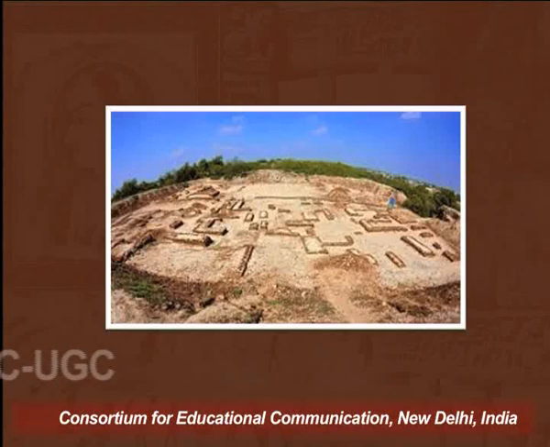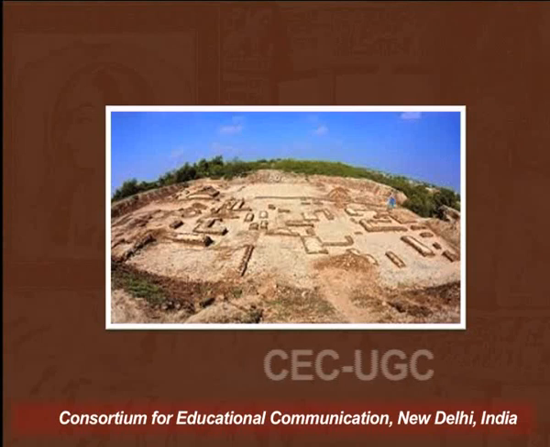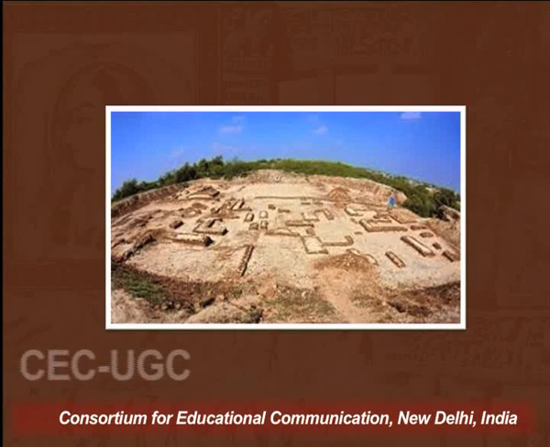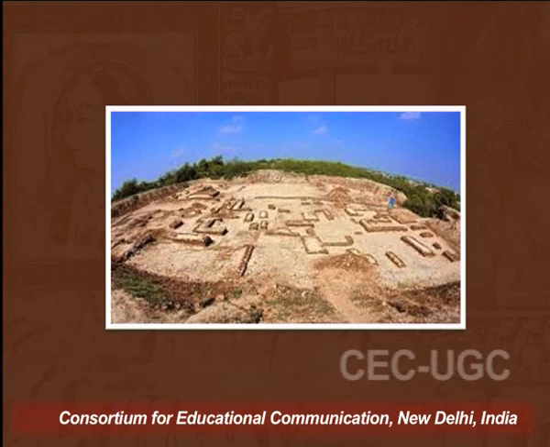As you can see in this visual representation, this seems to be an aerial view of the settlement, which would give you an idea of the streets and the residences that were planned on both sides of the streets.